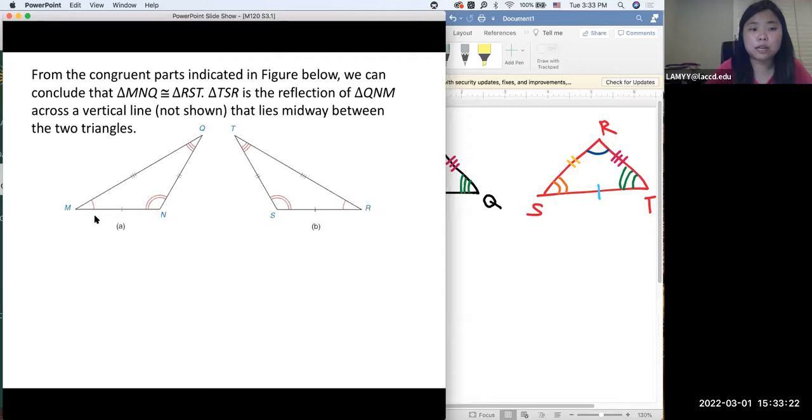Okay, so now look at these two triangles. I have the angle M and Q congruent to the angle in triangle RST. So you could tell these two triangles have reflection, just like section 2.6.